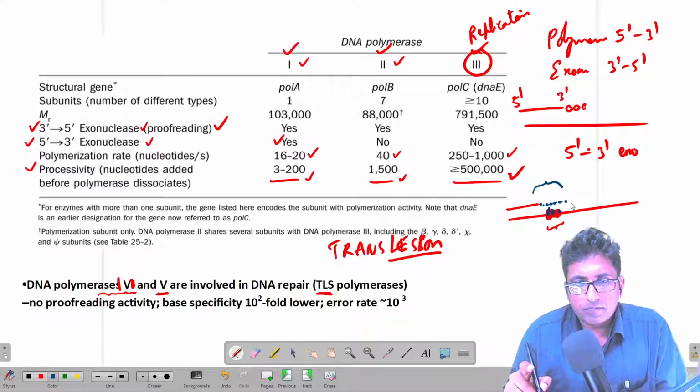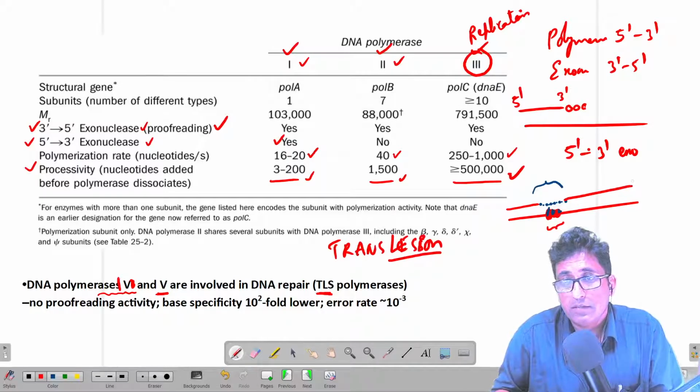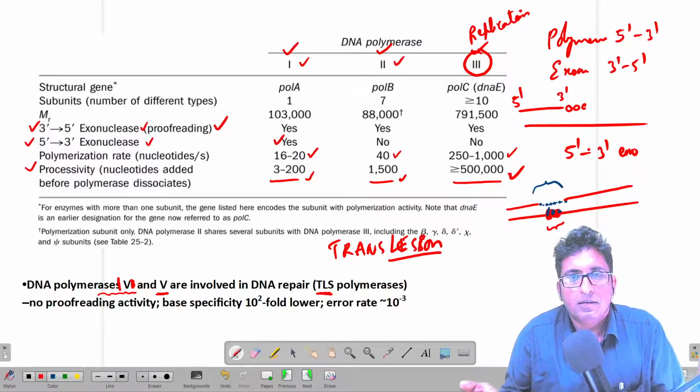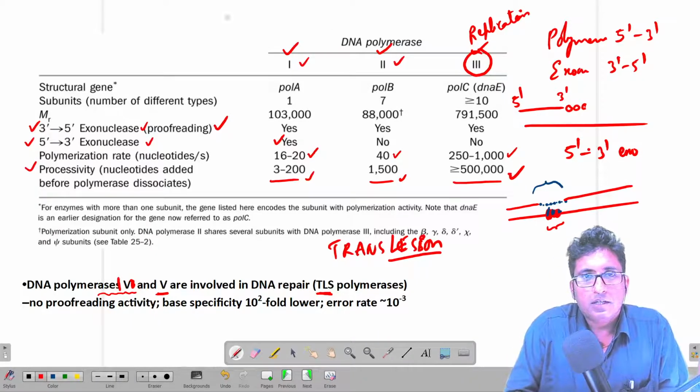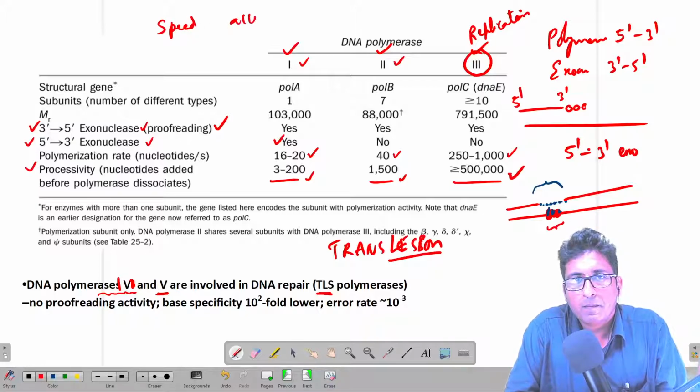So this becomes important in the sense that something is always better than nothing, or nothing is better than nonsense, right? It is a matter of compromise between speed and accuracy.